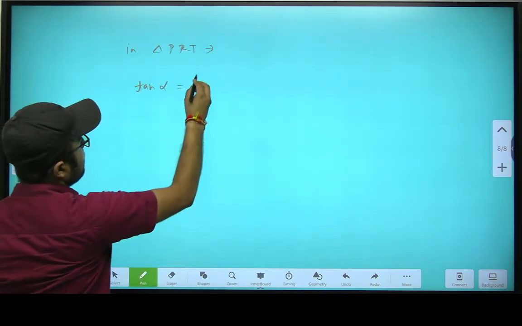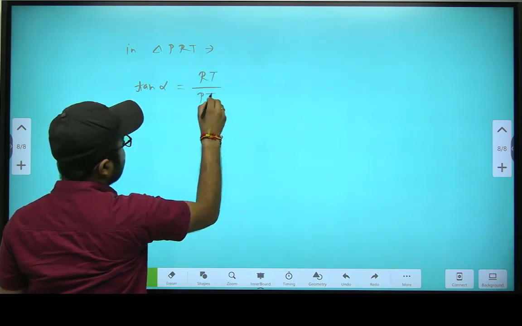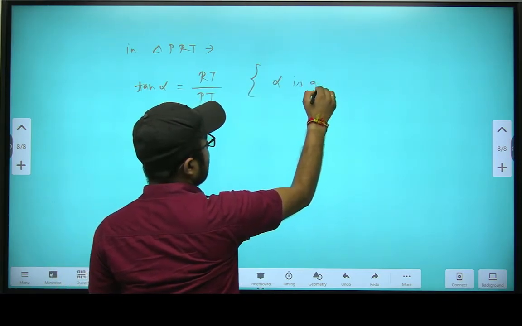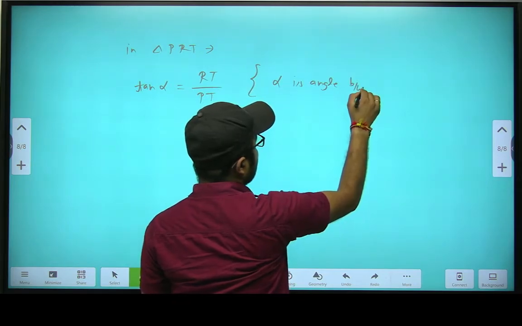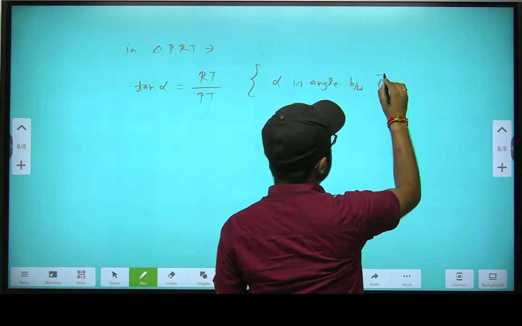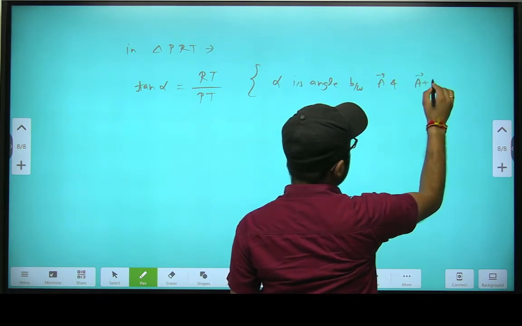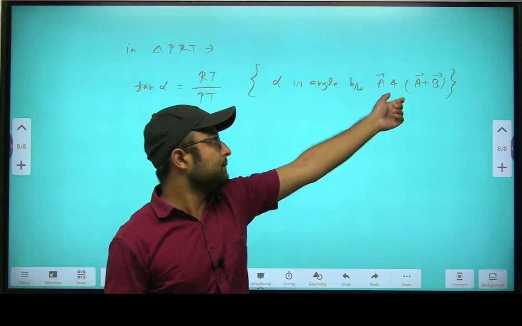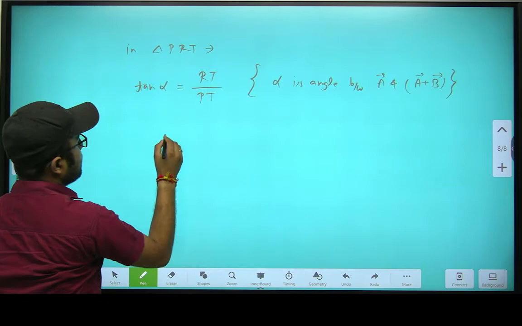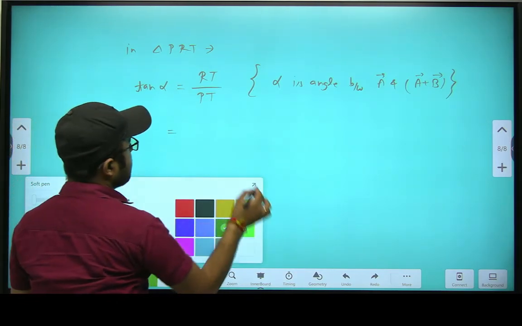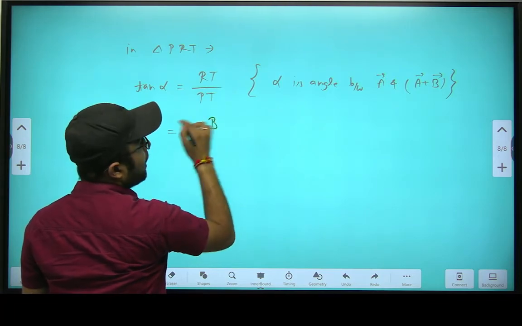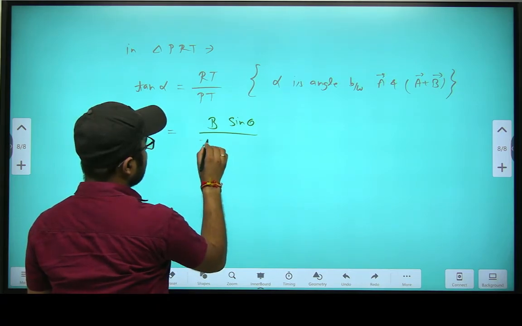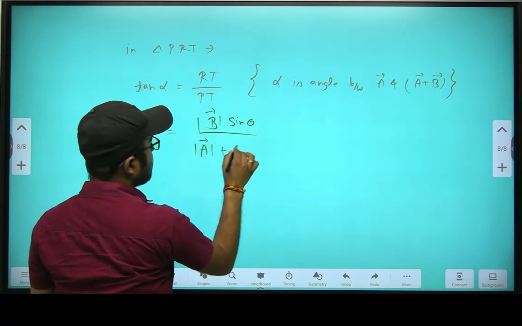So we can write this as RT upon PT, where alpha is the angle between vector A and vector A plus vector B. What is RT? That is B sin theta, and what is PT? That is mod of vector A plus mod of vector B.